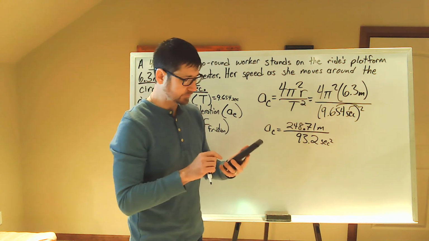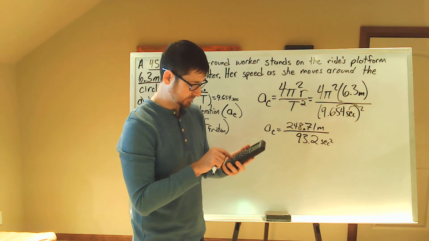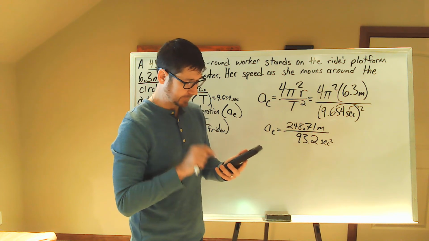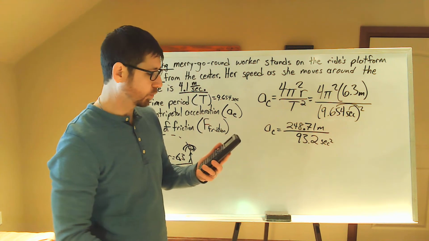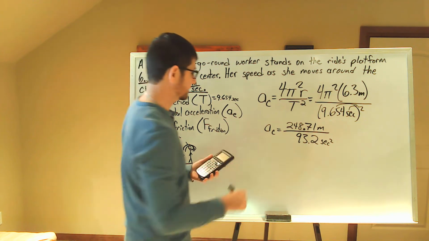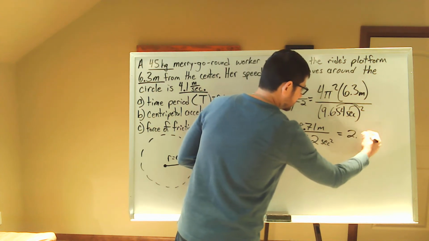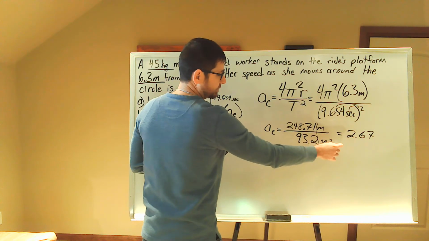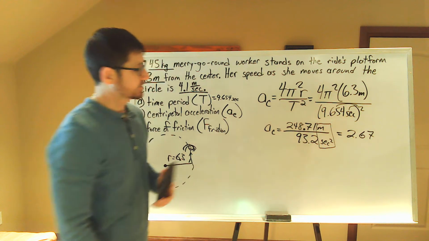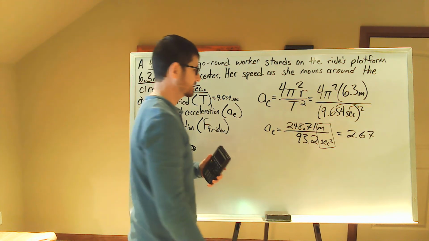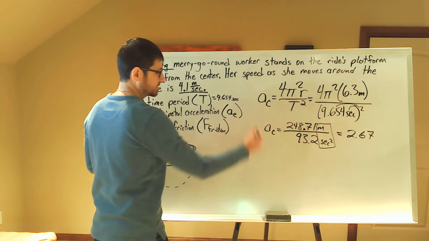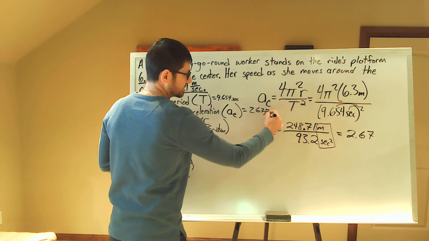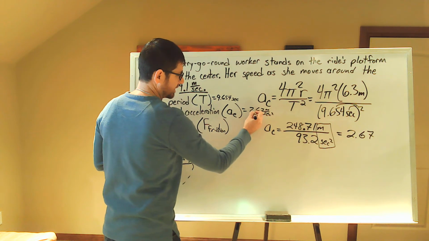Okay, 248.7 divided by 93.2 gives us 2.67. That's our numerical value. Now let's take a look at our unit value. So we have meters per second squared. So right up here, centripetal acceleration, 2.67 meters per second squared.